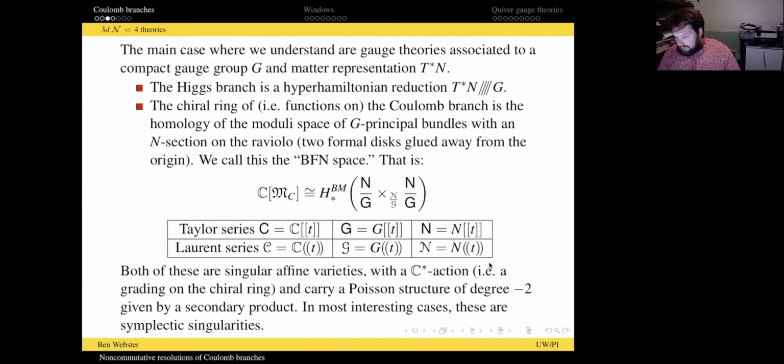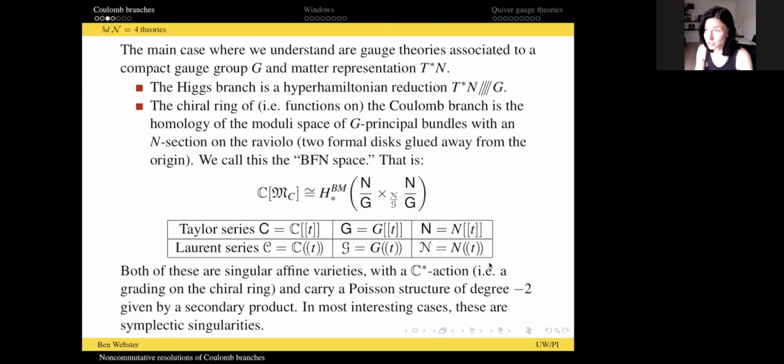So in characteristic 0, if you invert the equivariant parameter for C star, then you might as well just pass to the fixed points. The equivariant cohomology with the equivariant parameter inverted is the same for the whole space and the fixed points of the C star action, assuming everything's equivariant.